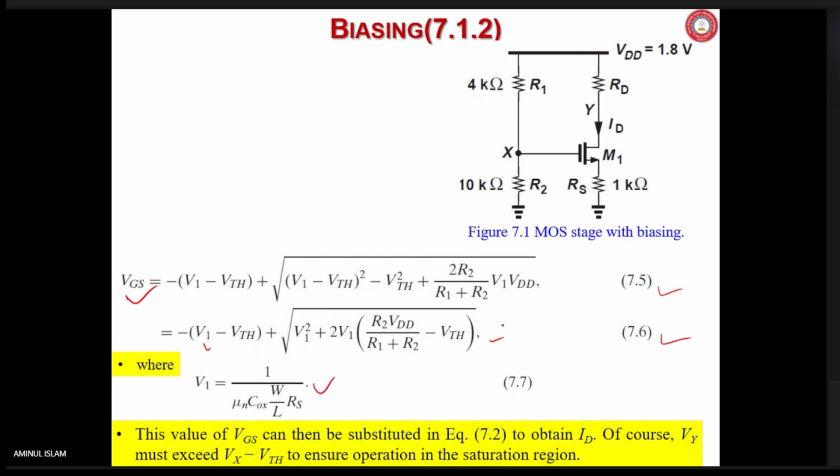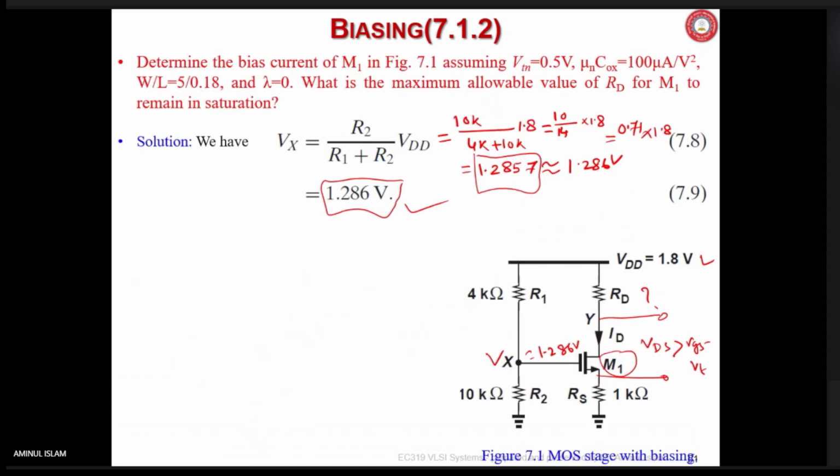This value of VGS can then be substituted in 7.2 to obtain ID. Of course, VY, the drain voltage of M1, must exceed Vx minus VTH to ensure operation in the saturation region. This is well known to us. The condition for the saturation region: VDS should be greater than or equal to VGS minus VTH.